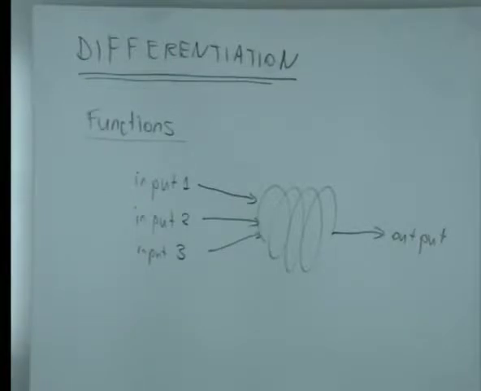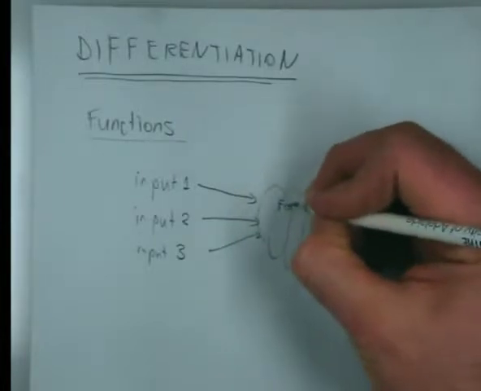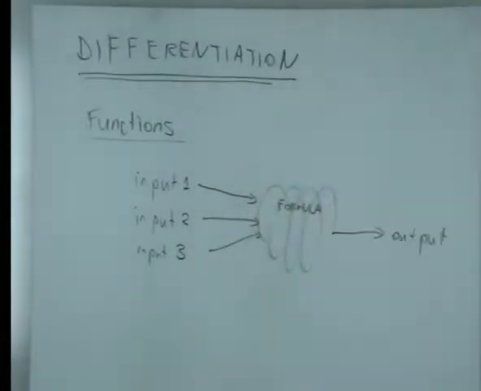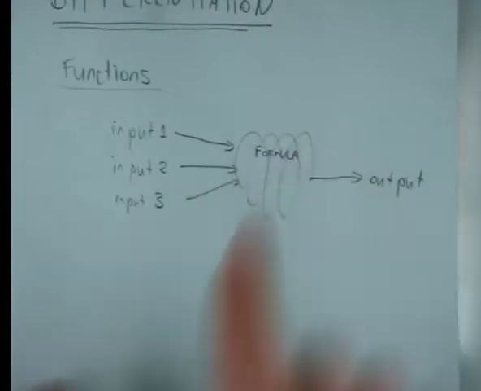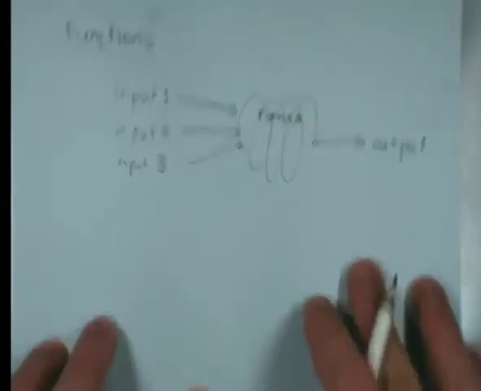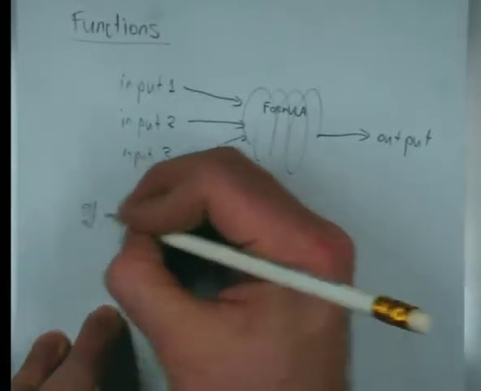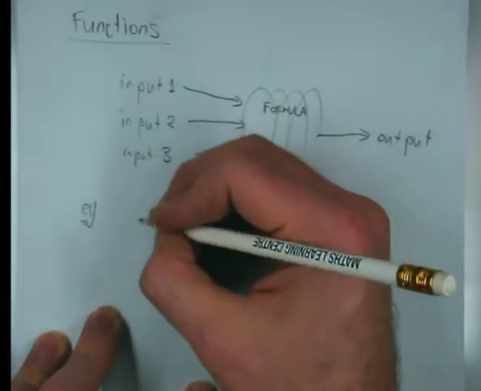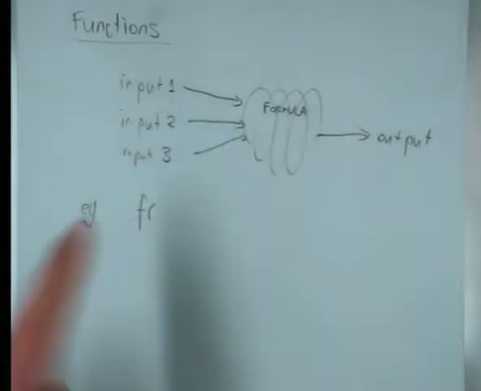Okay, so basically that process there is usually some sort of formula. Your classic examples are something like this. They're usually called f for function.